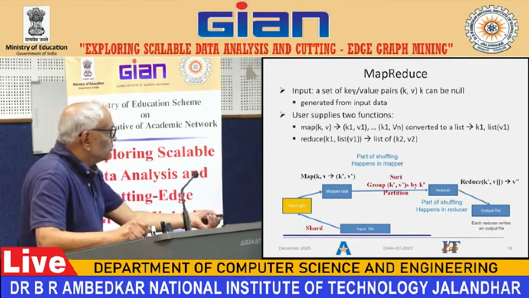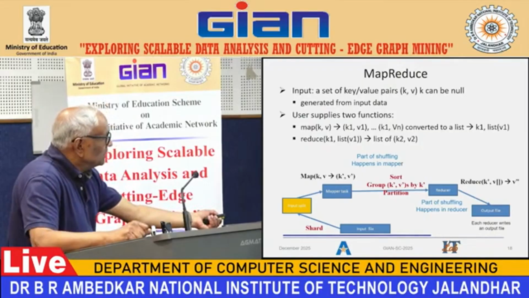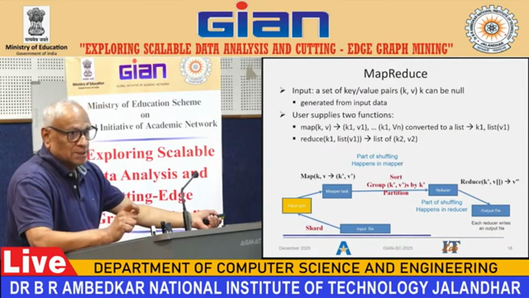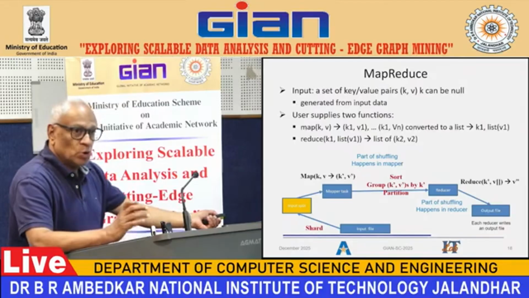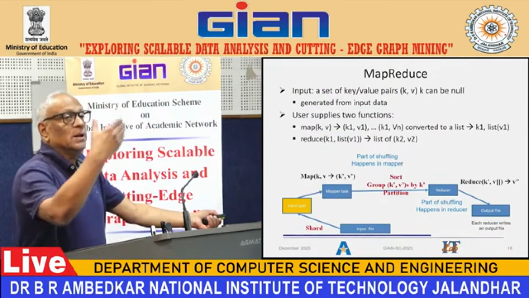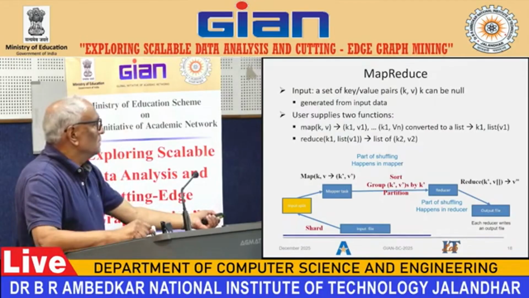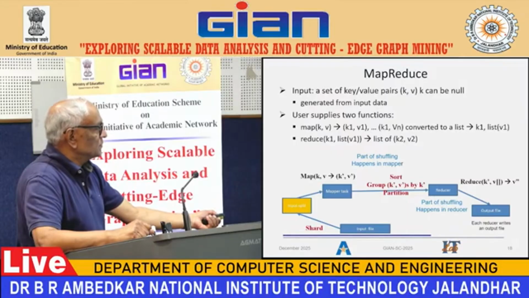So each input split is fed into a mapper task. Remember, I'm not saying mapper node, because mapper tasks run on mapper nodes. And they convert, map K V to K prime V prime, where V prime is a list.